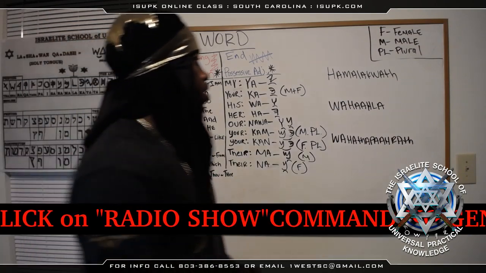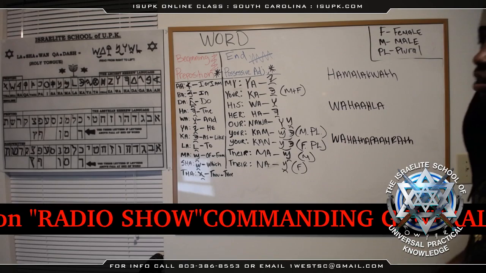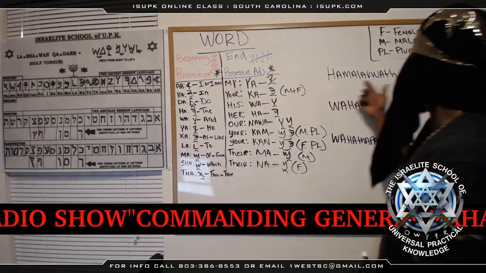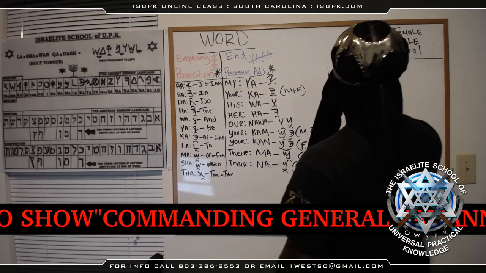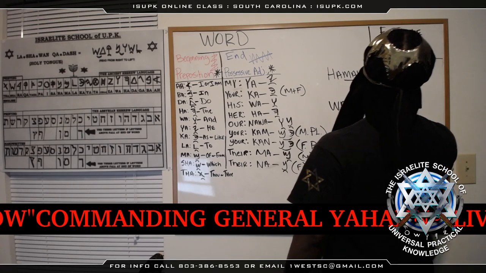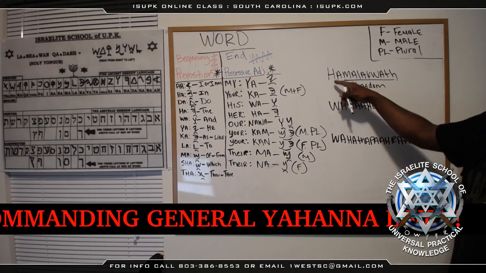So we just broke down when we said in the beginning, we said, Our Father which art in heaven, hallowed be thy name. Thy kingdom, what? Kingdom is Malakwa. So we know kingdom is Malakwa. Then what is this right here?